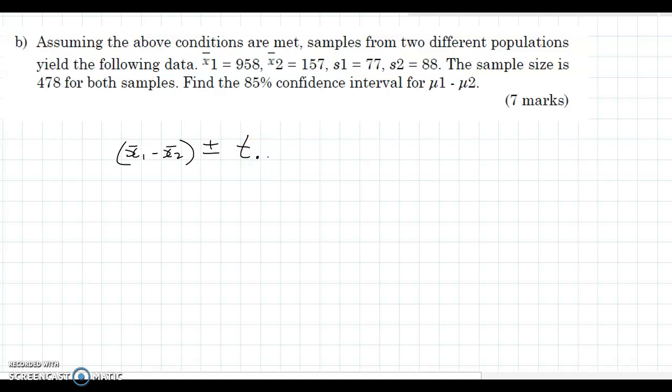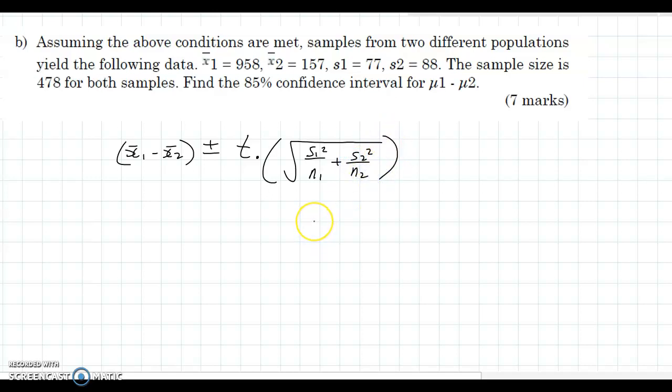I'm getting that from the bottom of the formula for the t-stat on the back of the exam sheet. So that gives me t multiplied by the square root of s1 squared over n1 plus s2 squared over n2.